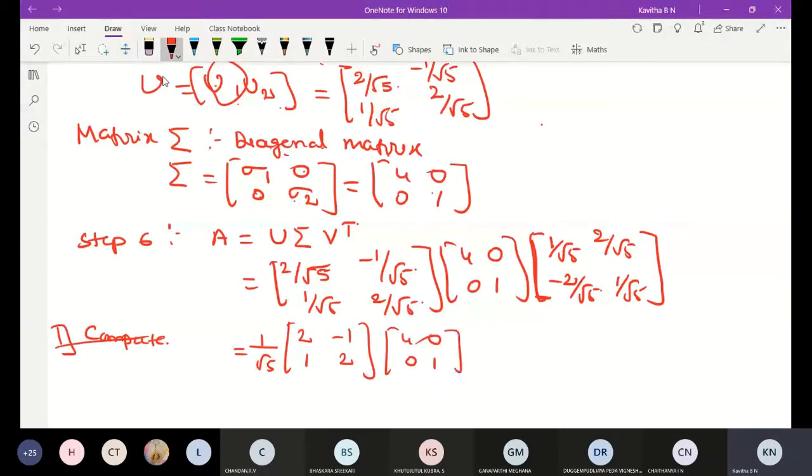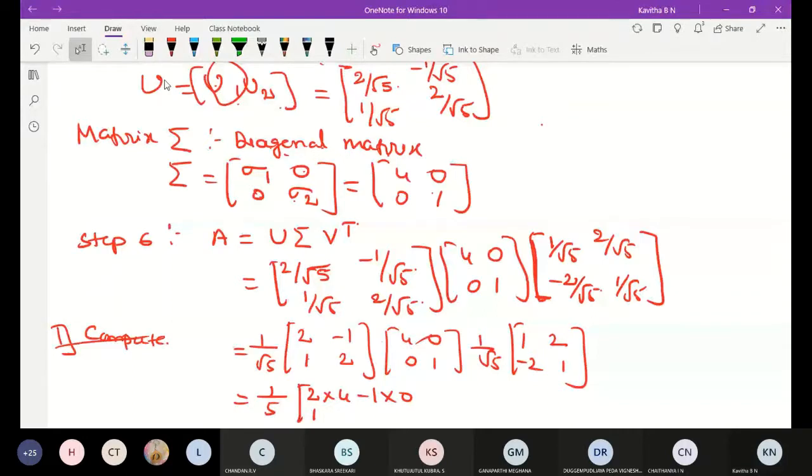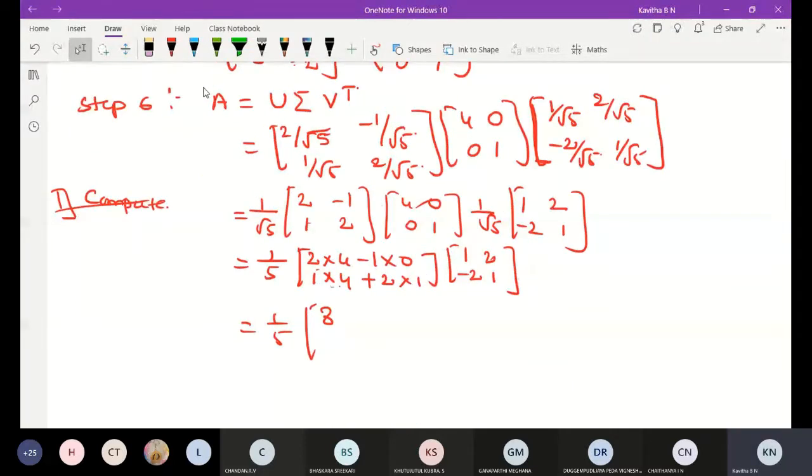Then 1 by root 5 into 1 by root 5 is 1 by 5. Then 2 into 4 minus 1 into 0, 1 into 4 plus 2 into 1, into 1 2, minus 2 1. Then 1 by 5. 2 4s are 8, 4 plus 2 is 6.